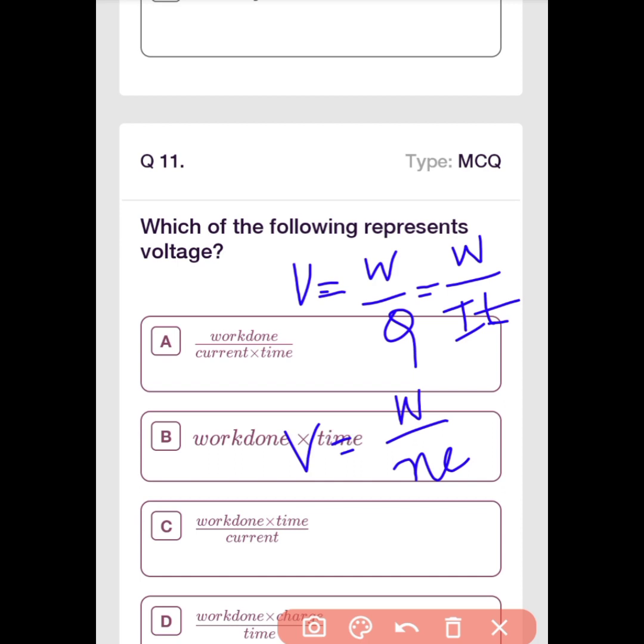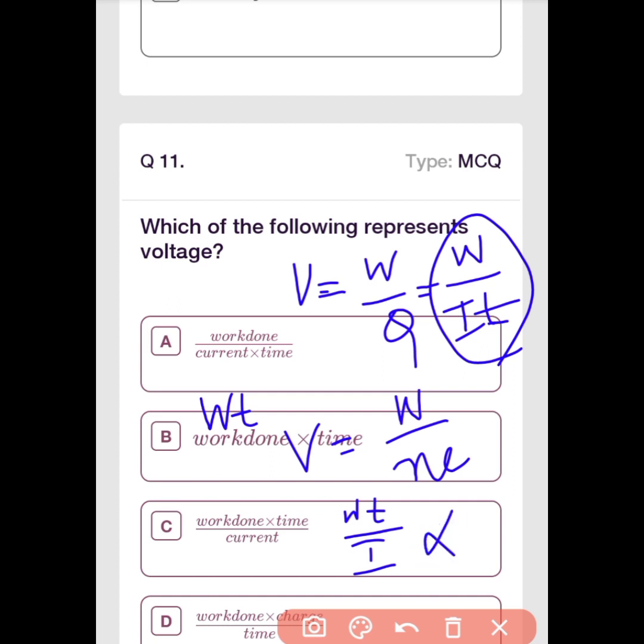First option is work done divided by current into time. This one. Second option is work into time, that is W into T. No. And third option is work done into time, W into T divided by I. No, this is wrong.